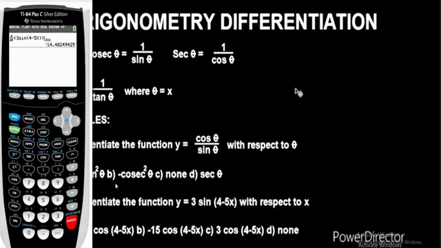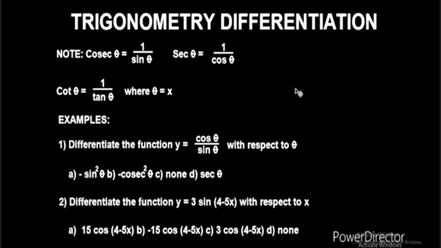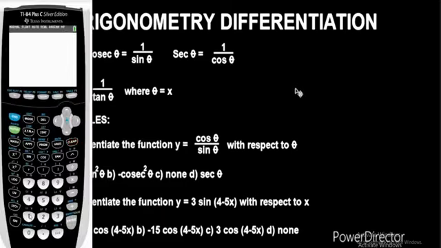So right now we're going to simplify the options. Anyone that gives us minus 14.40 will be the answer to this question. Let's clear this. Okay, so let's evaluate or simplify the options now. So option A, we have it to be 15 cos in bracket 4 minus 5x.